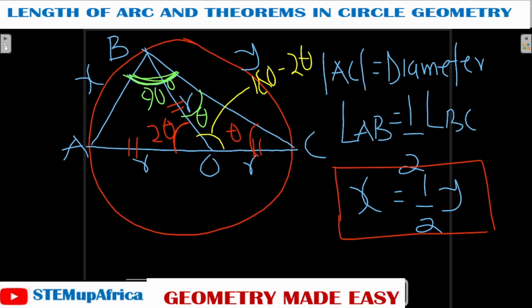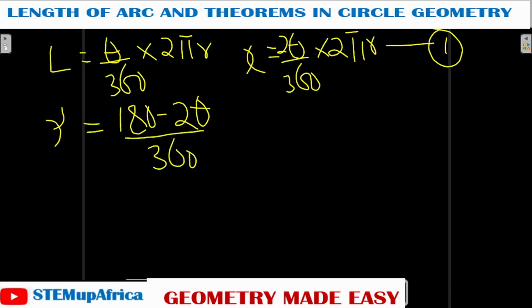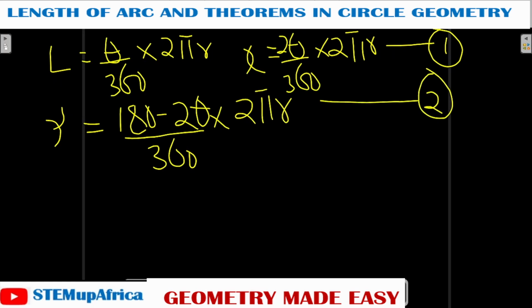Then the length of arc of BC is y, and the angle there is 180 minus 2 theta. So y is equal to 180 minus 2 theta over 360 times 2 pi r. Let's call this equation 2.